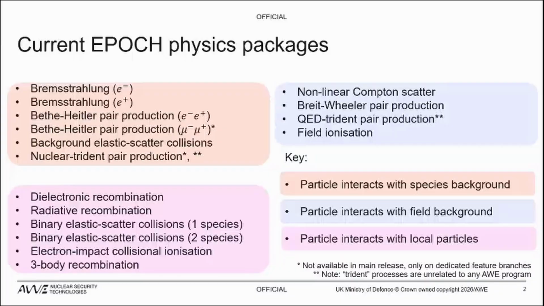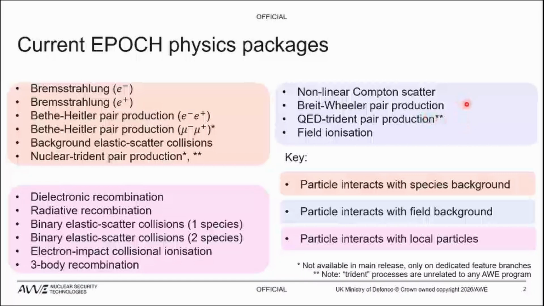This is, I believe, a list of all the physics packages which EPOCH is capable of simulating. You can break these down into different categories of package. If we have a particle interacting with some sort of background species without changing the species, like Bremsstrahlung radiation, where an electron zips in and it radiates photons in the presence of other ions, but it doesn't really do anything with those ions, then those are your background species collisions.